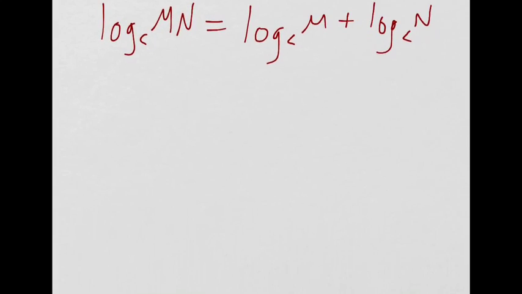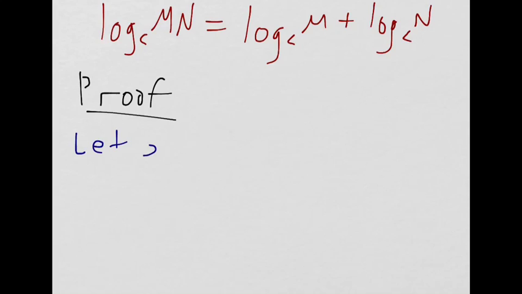So the proof for this, because it kind of seems like I'm pulling it out of thin air, I'm going to prove to you that this is correct using exponent laws, actually. Okay? I'm going to let x be equal to the log of big M base C, and I'm going to let y be equal to the log of big N base C. Okay?